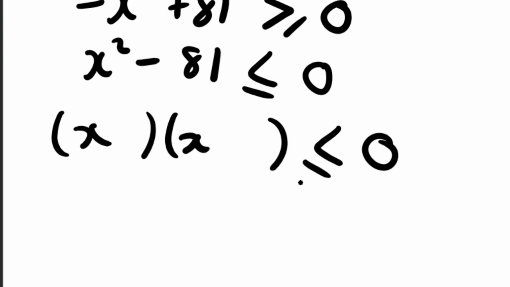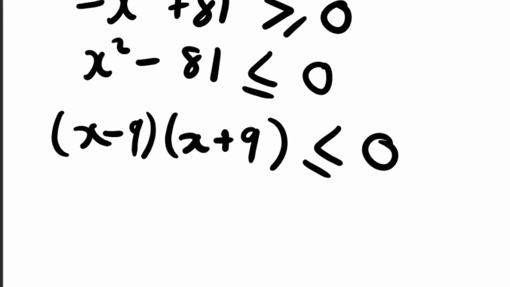Okay, now for difference of two squares you just put a minus and a plus. Now you put the square root of 81. Again, we put the square root of x squared as x and x. Now we want to put the square root of the other term, that is 81. The square root of 81 is just 9. We put there a negative 9 and a positive 9, like that.